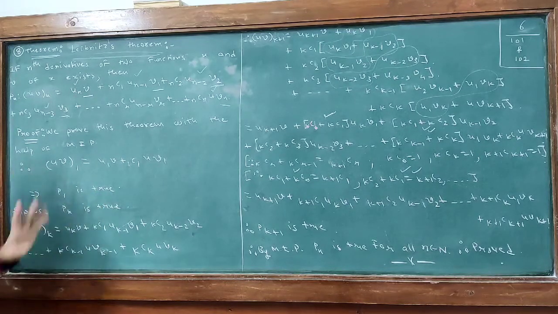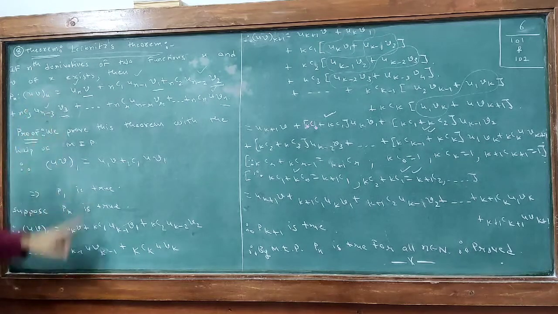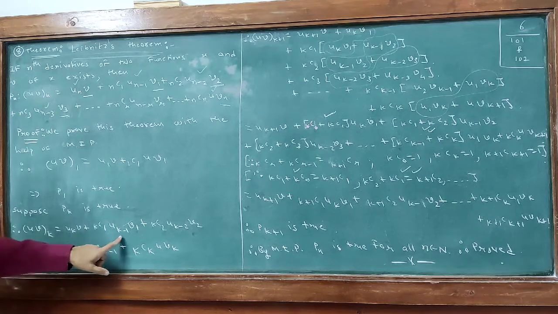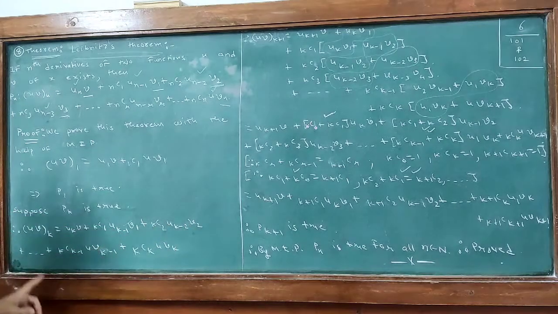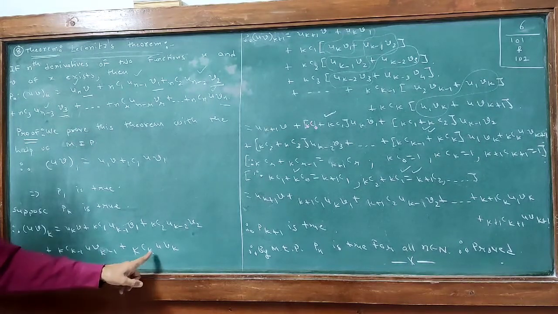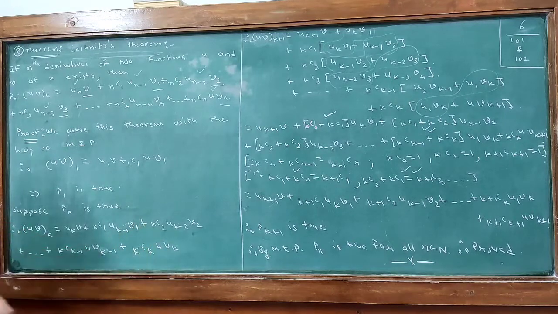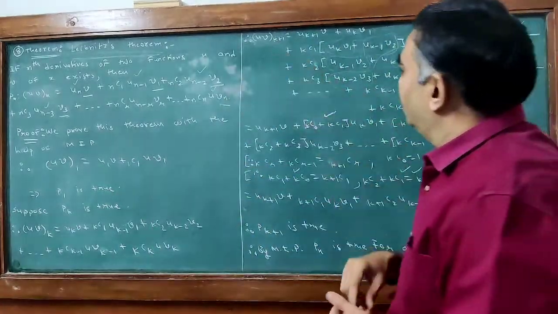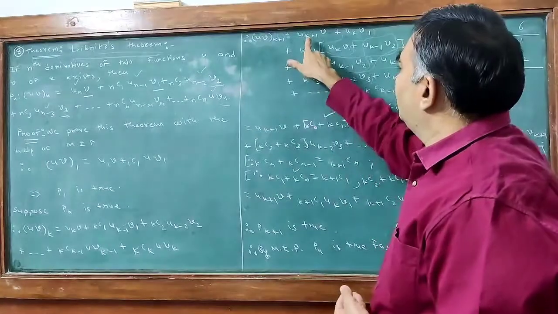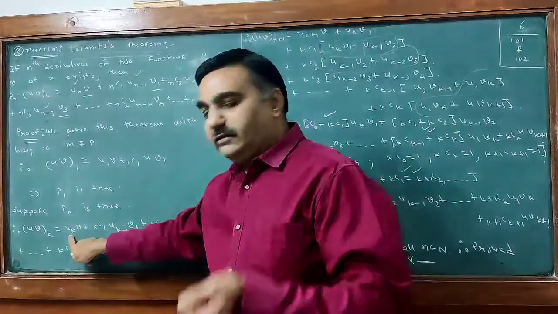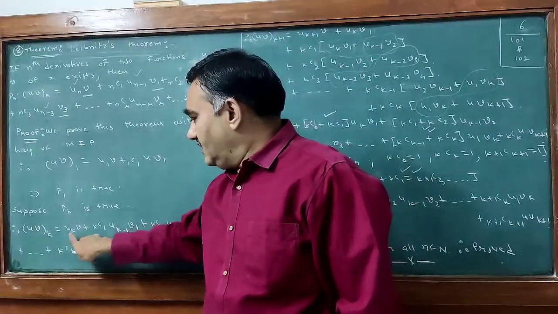Suppose Pk is true, meaning if we put n equal to k in this equation, it is true. That is, (uv)k = uk v + kC1 uk-1 v1 + kC2 uk-2 v2 + ... + kCk-1 u1 vk-1 + kCk u vk. Then we take the k plus 1th derivative of the product of u and v, that is uk+1 v + uk v1. uk differentiated once more gives uk+1, v as it is.